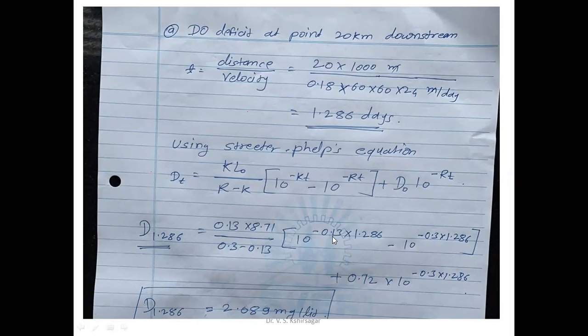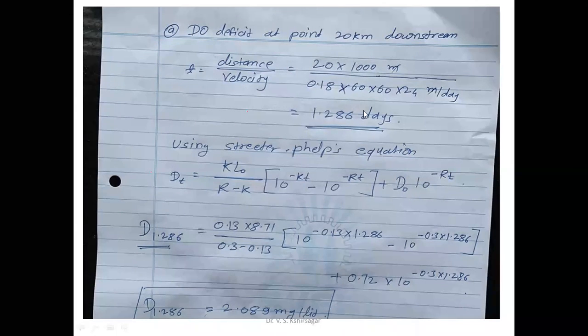10 raised to minus k, that is 0.13, into t, small t. What is that time? At 20 kilometer, to reach the mixed sewage at 20 kilometer, how much time is going to be required? 1.286 days are required to reach up to the 20 kilometer distance.